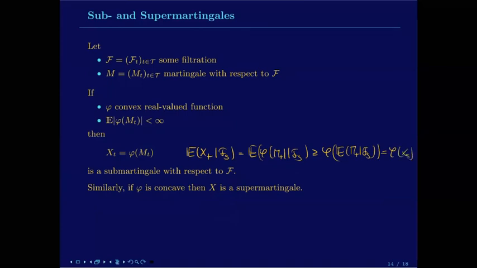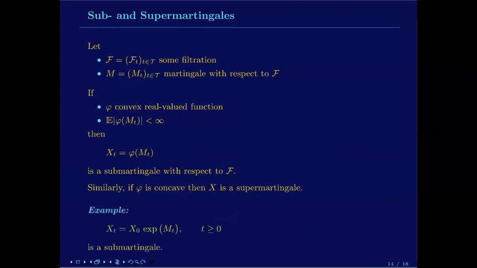And this establishes exactly the submartingale property. Likewise, if we have a concave function, then this inequality reverses and we have a supermartingale. As an example, if we have a martingale and we put it into an exponential function, which is a convex function, then this process x_t is a submartingale.